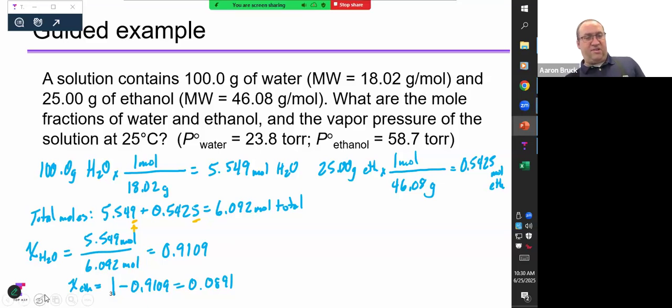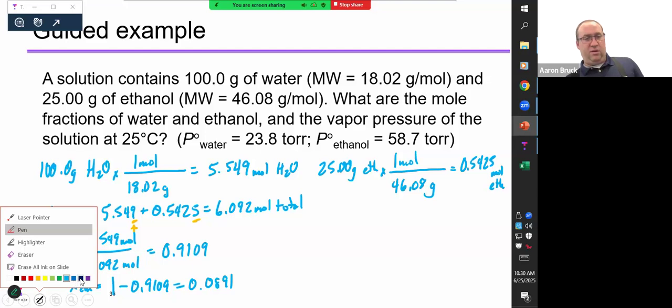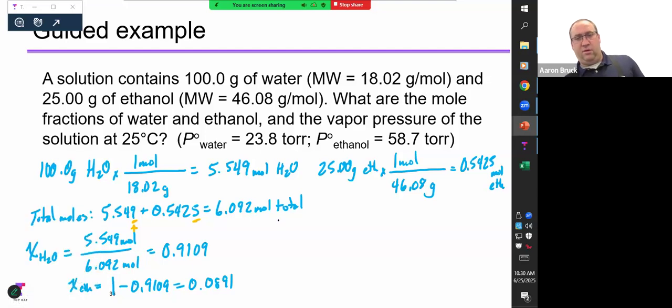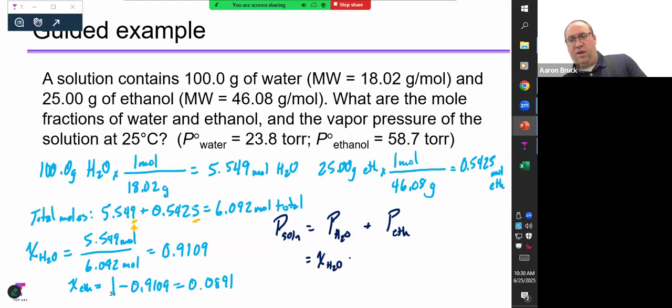Find the vapor pressure of the solution. I basically just have to apply Raoult's law to each component. So I need the pressure of the water and the pressure of the ethanol. For the pressure of the water, it's the mole fraction of the water and its vapor pressure.